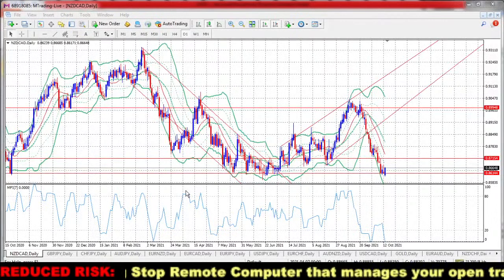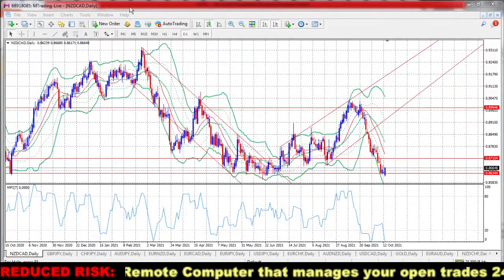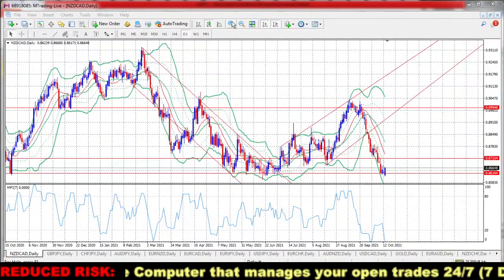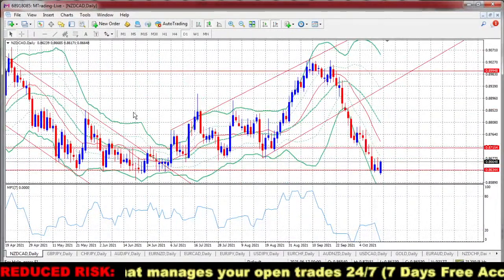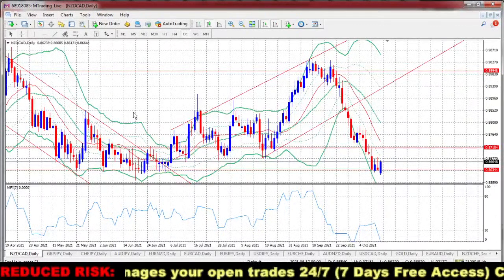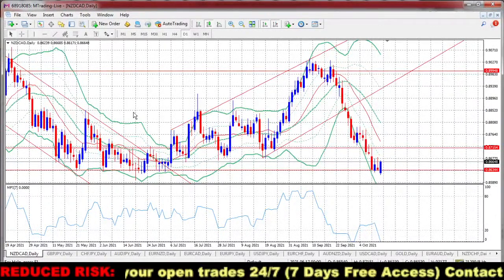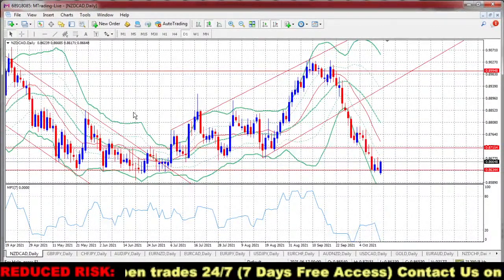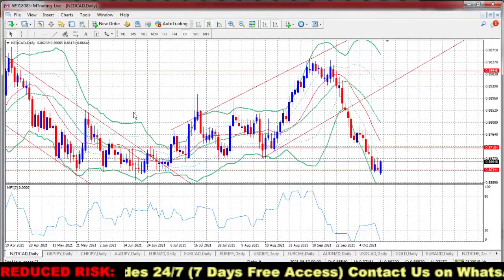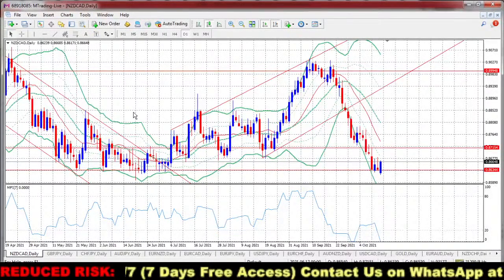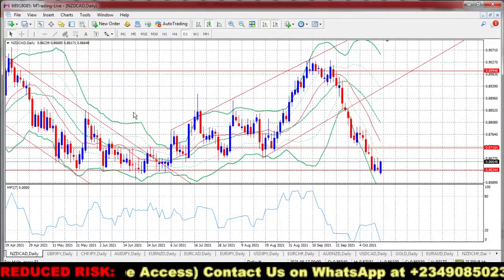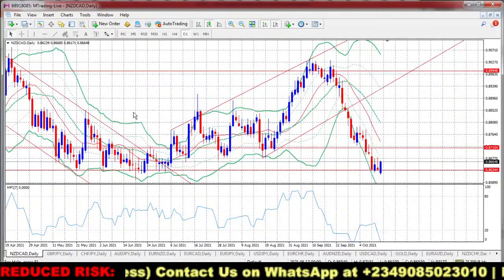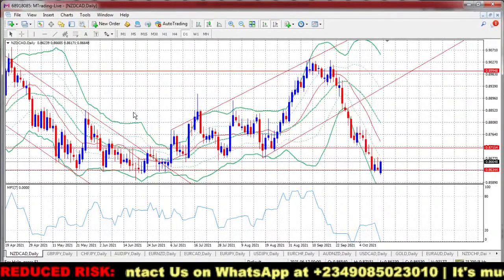All right. So for today, we'll be looking at the New Zealand dollar against the Canadian dollar. For some time right now, we'll notice that the Canadian dollar has been appreciating, and the New Zealand dollar has not been able to fight its course, which has been making the price decline.